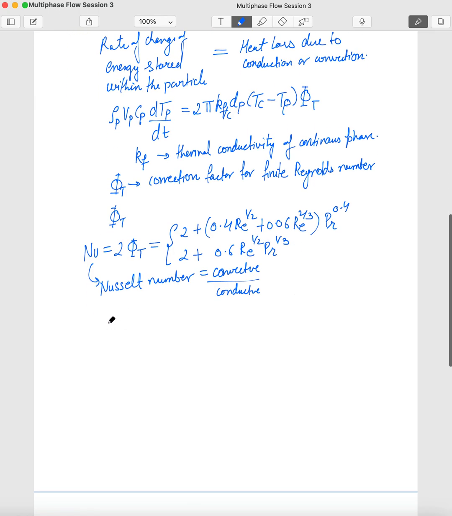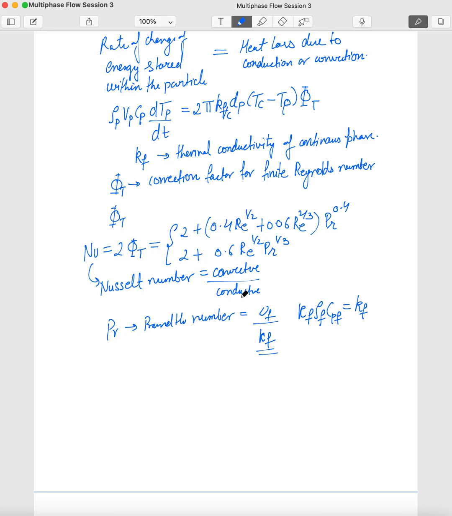Here Pr is the Prandtl number, which is defined as momentum diffusivity divided by thermal diffusivity. And thermal diffusivity we know is kappa f, which is Kf divided by rho f into Cpf, where Kf is the thermal conductivity.